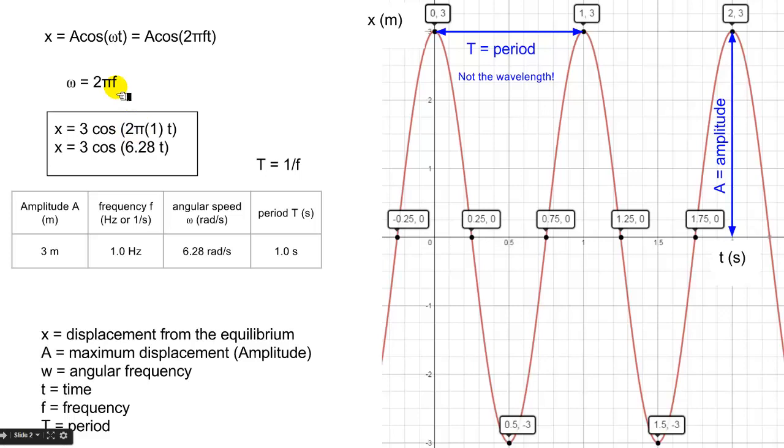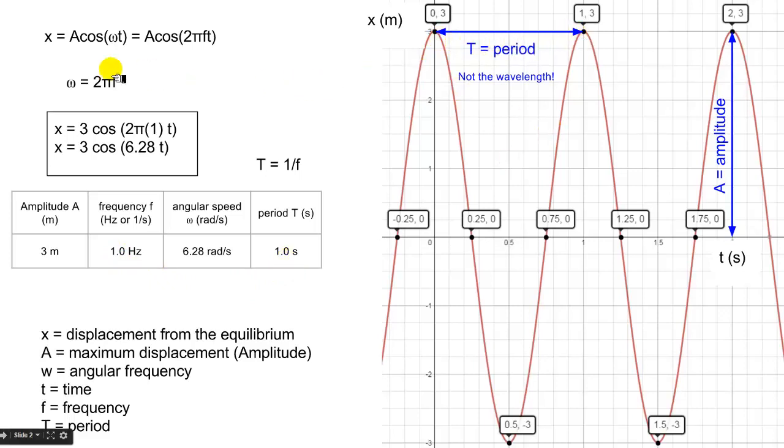So from that value, 6.28, we could divide by 2π to get the value 1, and that would give us the frequency. We would take the inverse of the frequency to get 1, and that would be the period. So that's how we would go about getting the period.